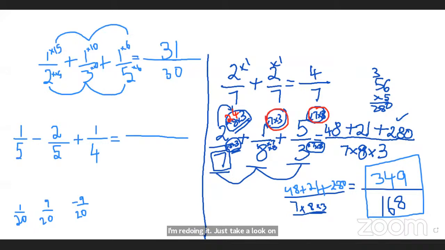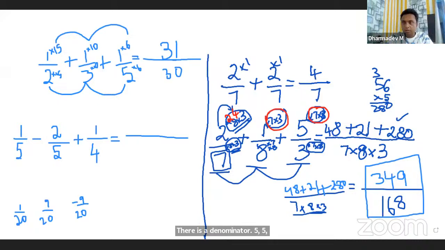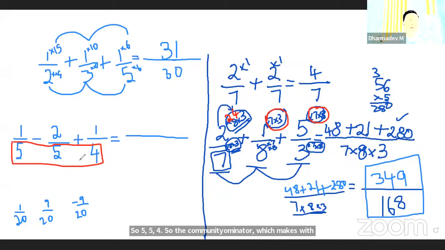There is a denominator 5, 5, 4. That's fine. Whatever method you use, you would get the same. So the denominator which makes the 5 tables and 4 tables common is 20.